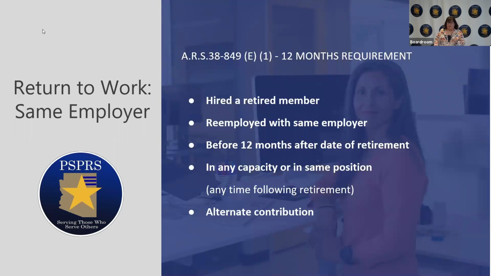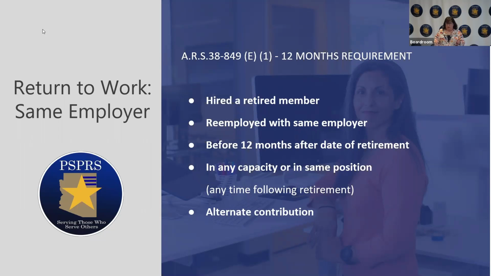So this is if the retiree is hired before 12 months, the employer has hired a retired member, reemployed with the same employer from which they retired, before 12 months after the date of retirement, first of the month following, in any capacity or in same position, anytime following retirement, and is alternate contribution payable.